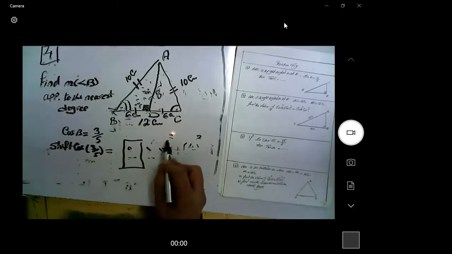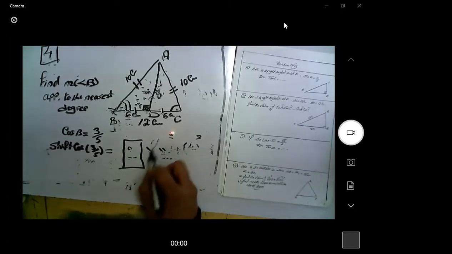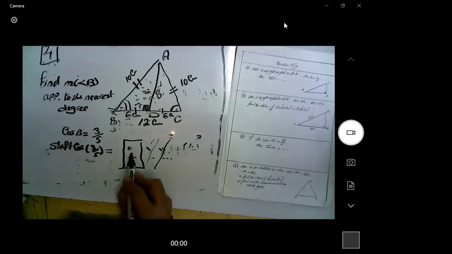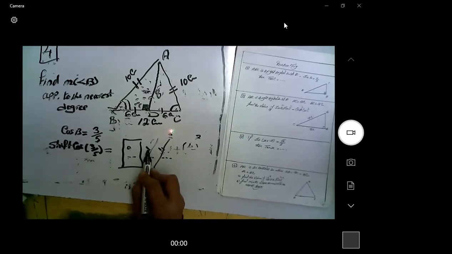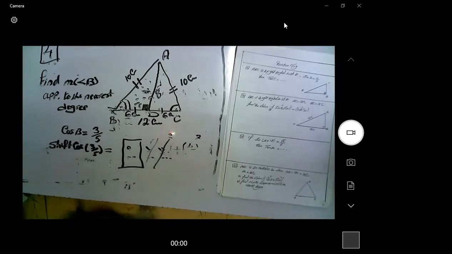Cancel the minutes and seconds and approximate. Approximate means if the minutes are 30 or more, degrees increases by 1, but if the minutes are less than 30, then degrees remain as they are.